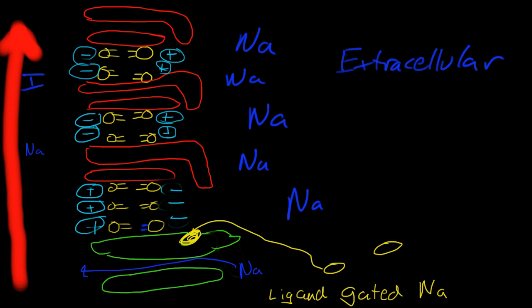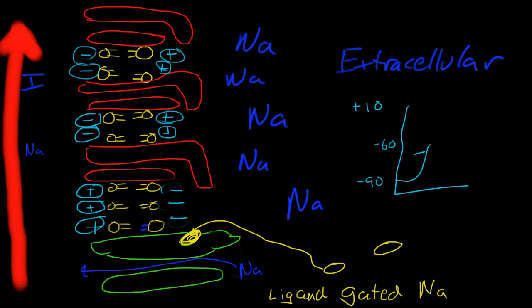Now, the book goes into details, it gives you a little chart that shows you the negative 90 millivolt resting potential, and it probably goes up to a positive 10. And the voltage-gated sodium channel will have a threshold of maybe minus 60.